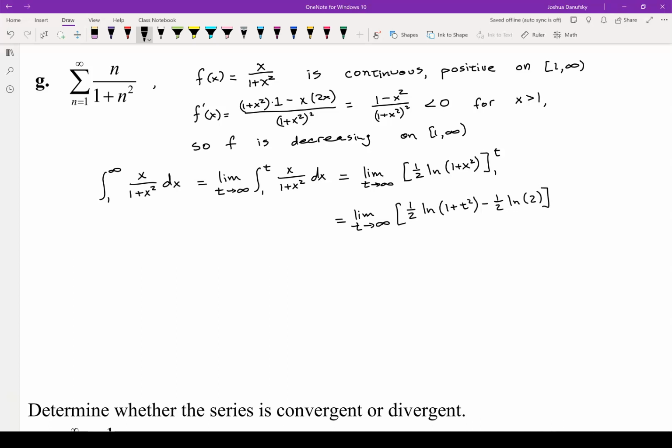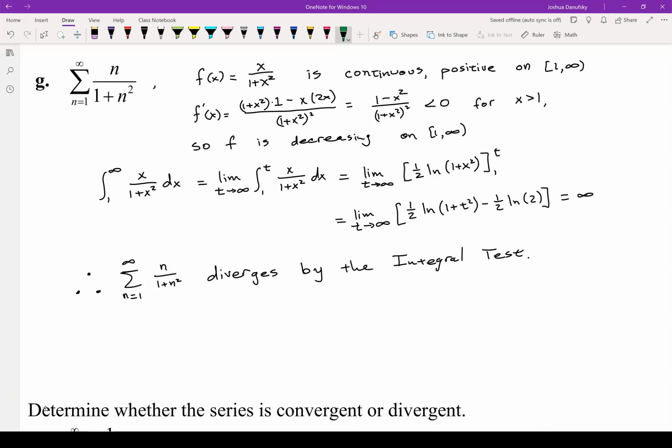The limit of the first term goes to infinity, so our improper integral diverges. Therefore, our series diverges, by the integral test.